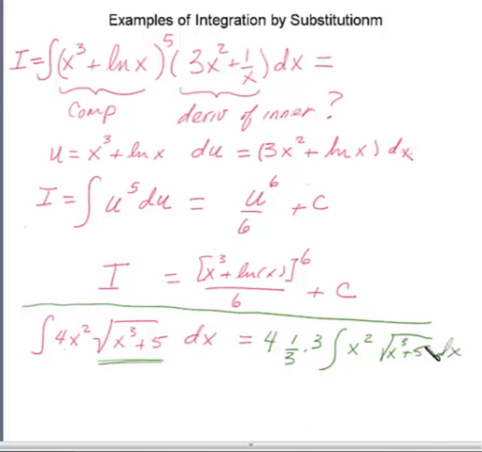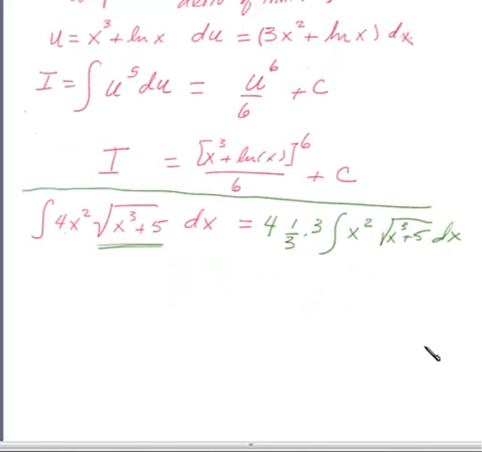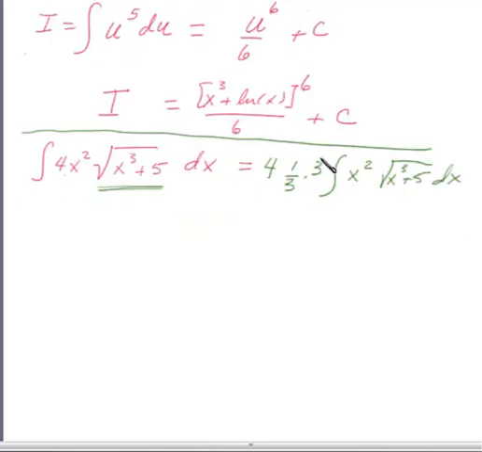And scroll up just a tad. And then what do we have? Well, here I can take this 3. Let me change colors again. I can take this 3 right here and migrate it inside, because we know that constants will move in and out of the integral. So making that change, this is equal to 4/3 integral of 3x squared square root of x cubed plus 5 dx.